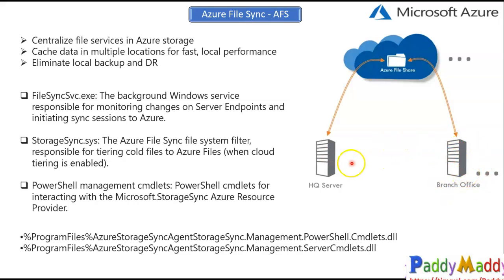You need to create a sync group. The sync group will have one cloud endpoint, and the group will have endpoints as well as servers. The servers will always sync from that one endpoint directly. That's why sync groups are very useful.